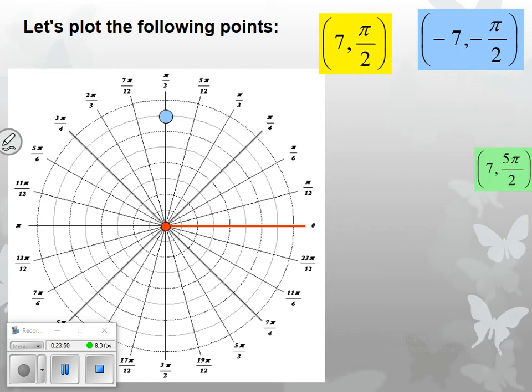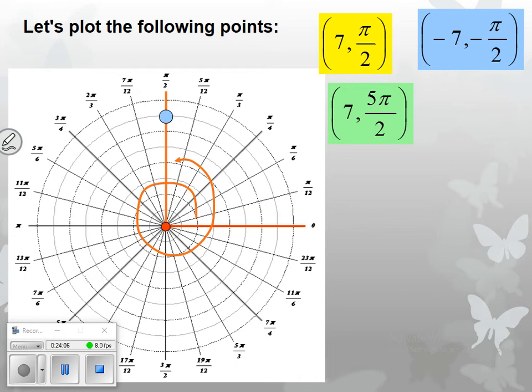Let's do this one. 7 comma 5 pi over 2. 5 pi over 2, how many times around the unit circle is that? 1 1/4. Okay? 4 pi over 2 would be 1 time around, and then pi over 2 more would be 5 pi over 2. And I'll count 7 units out on that ray, and it gives me that point.